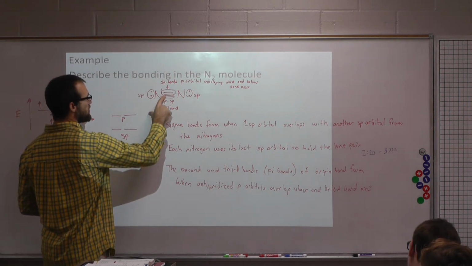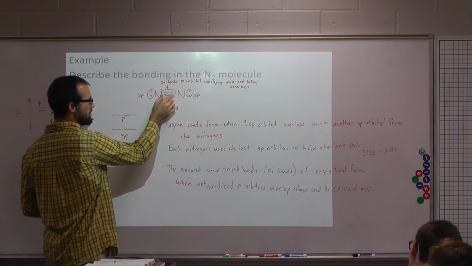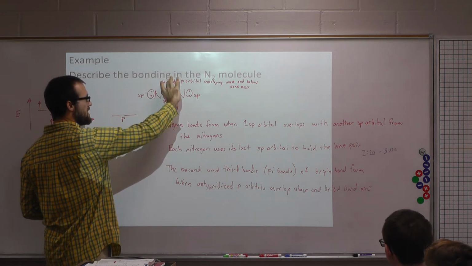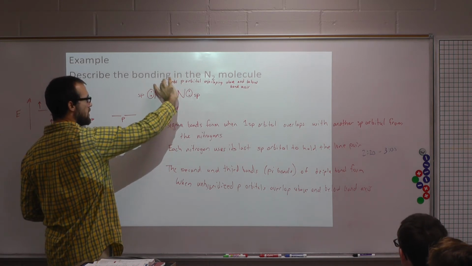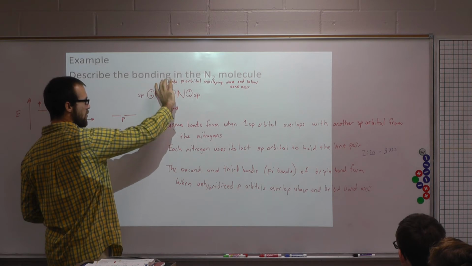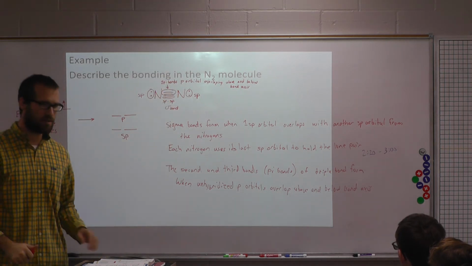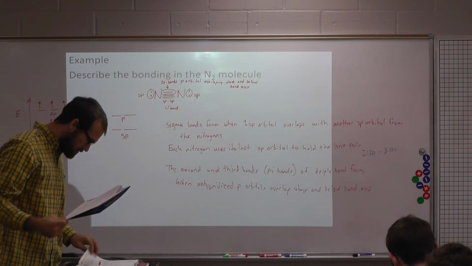When we show the triple bond here, it appears that they're all on the bond axis, but in reality, the single bond is right on the bond axis, and the double bond is above and below, like on the X, or on the Y, and then on the Z. It's kind of hard to show that in 3 dimensions. So let me see if I can find it.